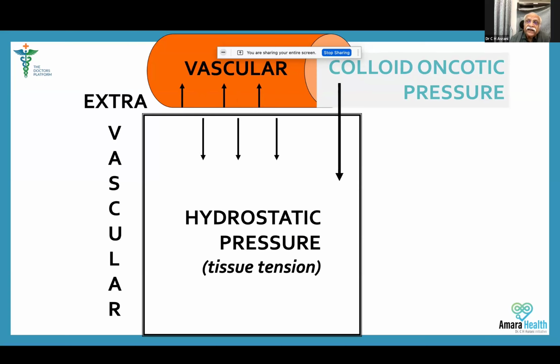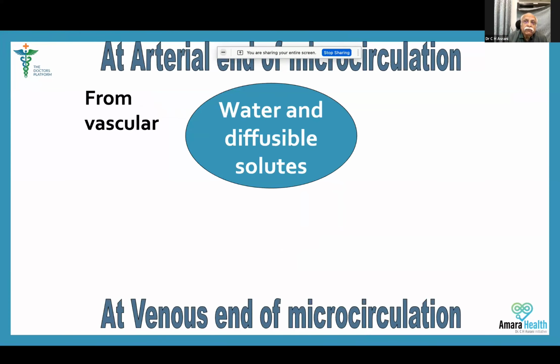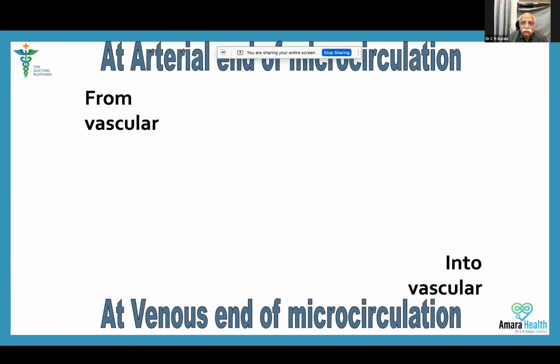The cells retain a shape because of hydrostatic pressure, tissue tension. So at the arterial end of circulation, microcirculation, to the venous end of microcirculation, from vascular, water and diffusible solutes, they come into vascular from arterial to venous end.